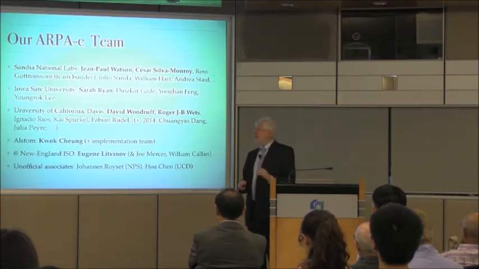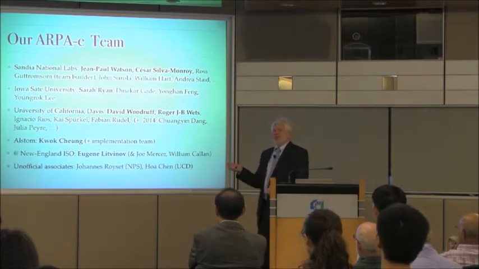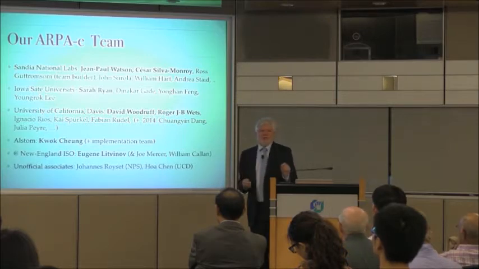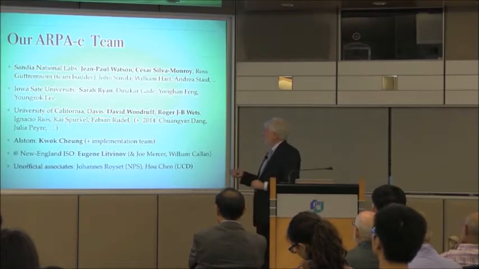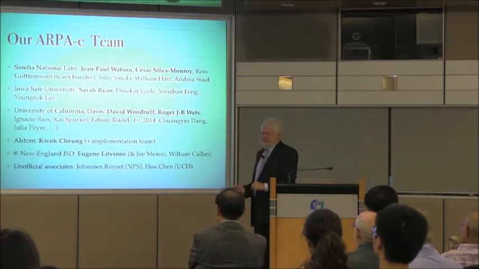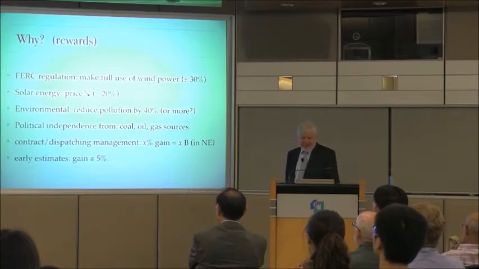The Department of Energy insisted that we work with them so that what we produce, they would take to implementation and make available to the ISOs all over. And finally, as a test case, we have the New England ISO who helps us in certain instances. And then we have a couple of very clever people who actually help us in this.